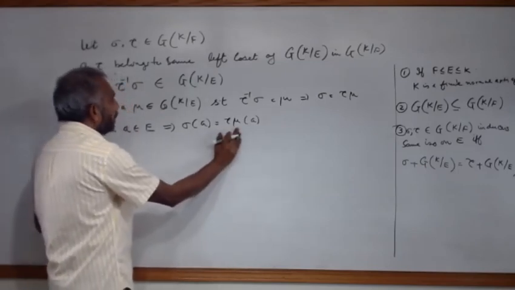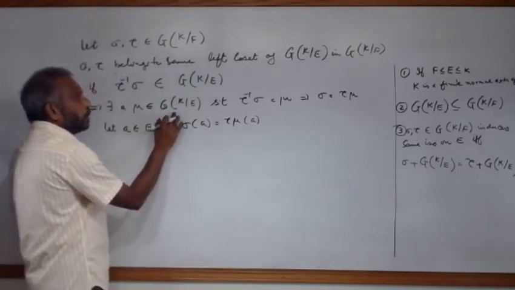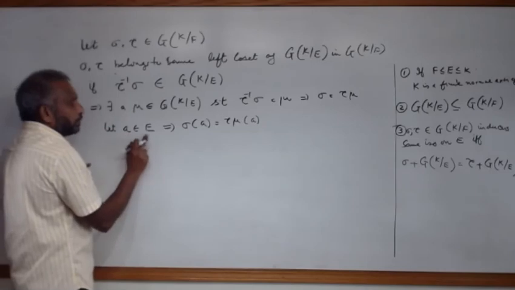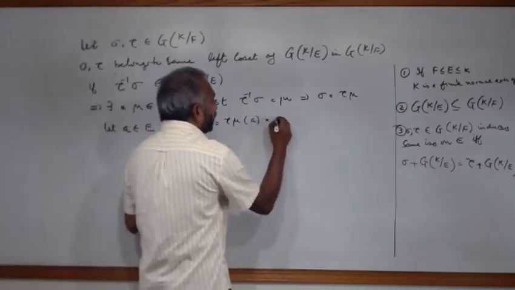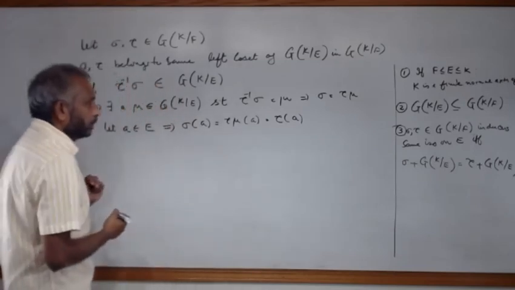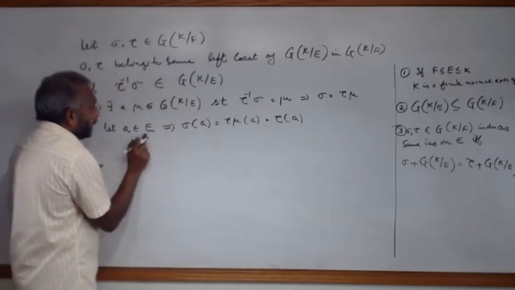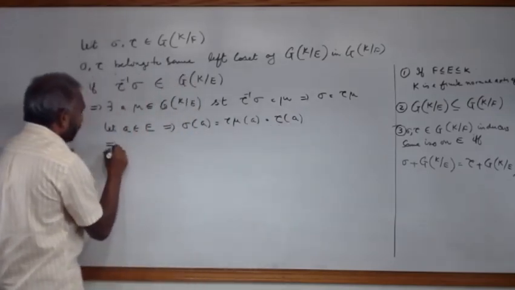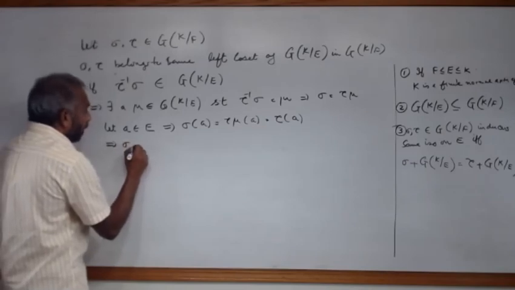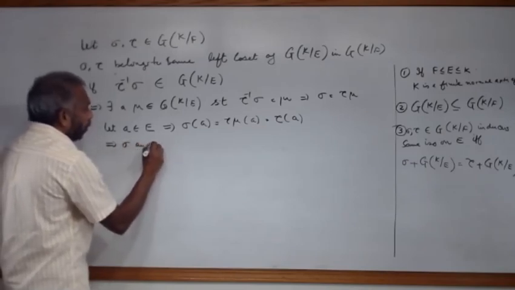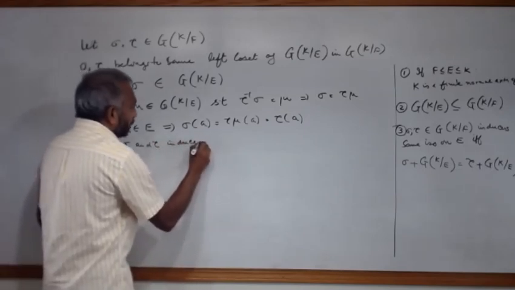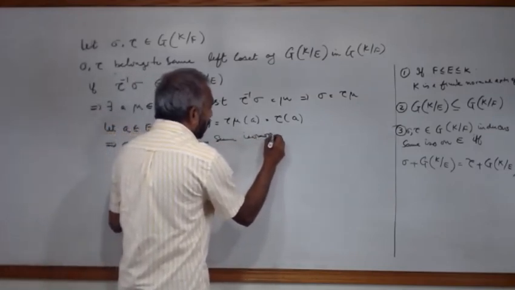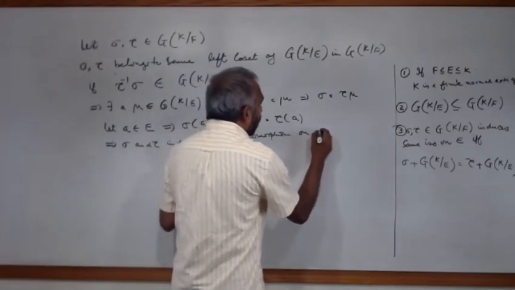Where is mu from? Mu is from the group of automorphisms leaving E fixed. And a is from E. So this is actually a, and that is equal to tau of a. What does this mean? For all a in E, sigma of a is equal to tau of a. That implies sigma and tau induce the same isomorphism on E.